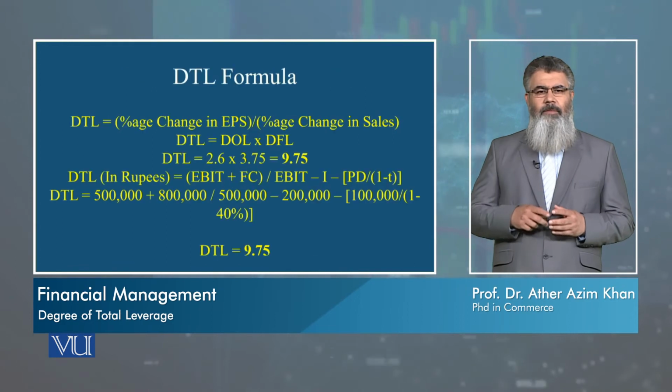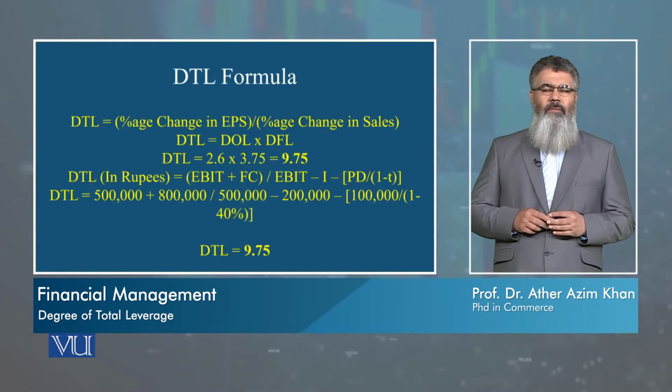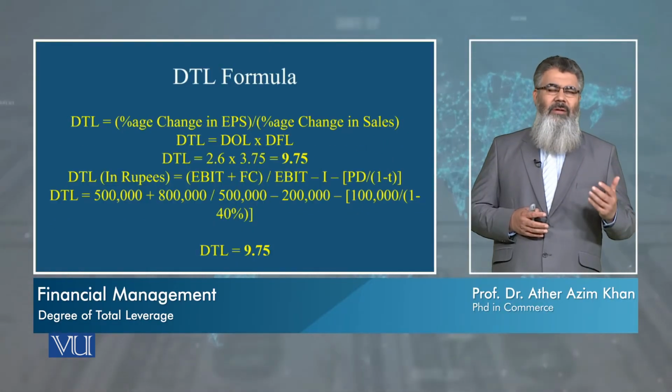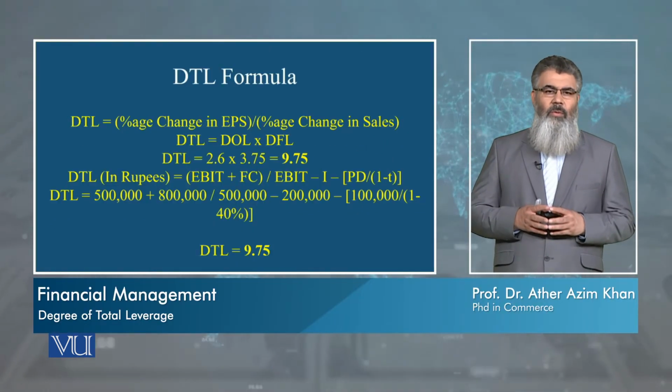Let's have a look at the formula of degree of total leverage. And again, the theoretical part of the formula is: what is the percentage change in EPS with a certain percentage change in sales. If sales increase or decrease by 1%, by what percentage does our earning per share increase or decrease?